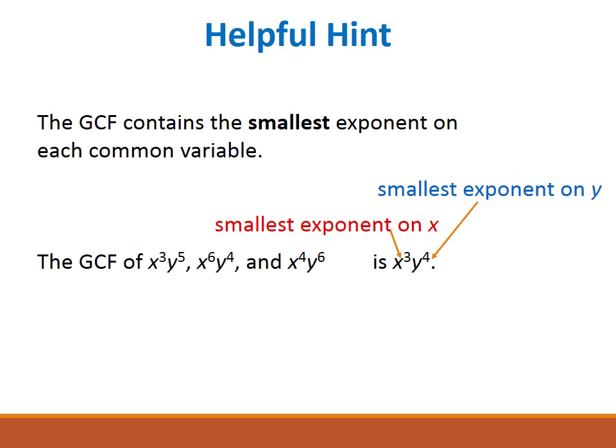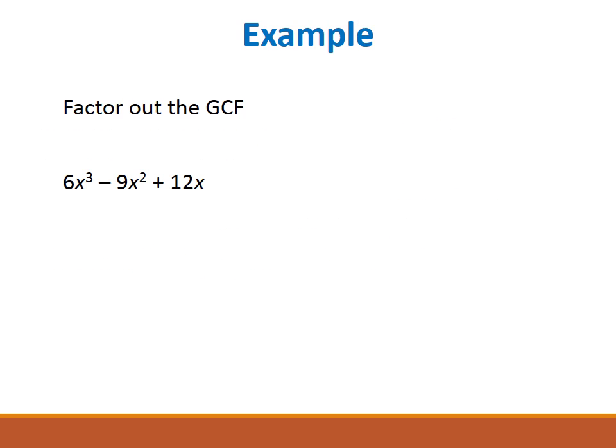Now, don't forget that helpful hint: the GCF will always be the smallest exponent of each common variable. In this example, we notice we have the letter x that is common. The smallest exponent, of course, is the 3. Then we also have the letter y that is common, and the smallest exponent of y is the 4.